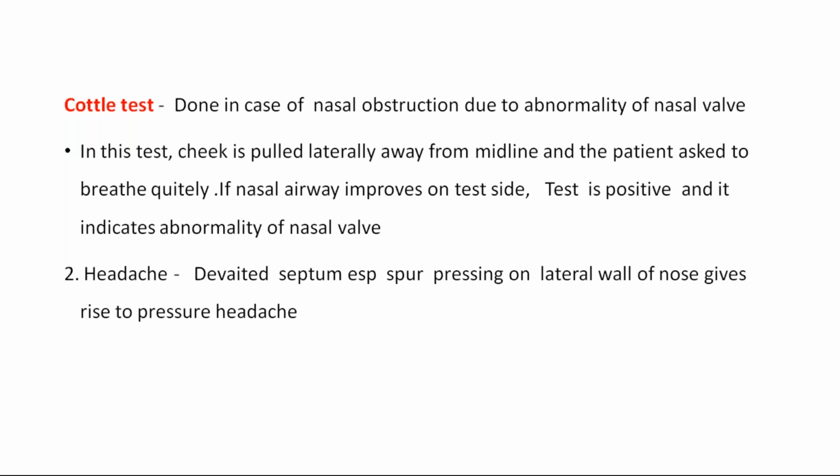So sometimes there may be a syndrome known by the name of Schluter's neuralgia. Schluter's neuralgia is called anterior ethmoidal nerve syndrome, where the spur presses or gets impacted on the lateral wall and then causes irritation of the anterior ethmoidal nerve, leading to headache.